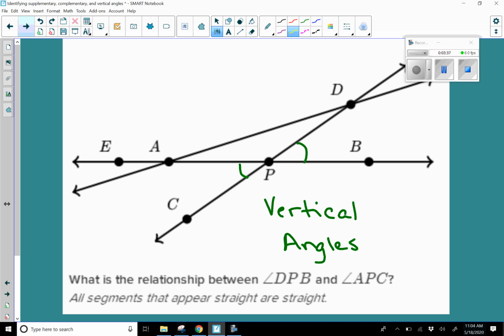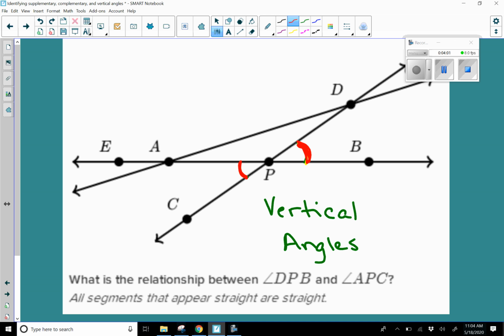Okay, what is the relationship between angle DPB and angle APC? So we've got DPB, so we've got this angle right here. Let's do it in red. And angle APC. So A to P to C, that's going to be this one right here. So as you can see, they're directly across from each other.